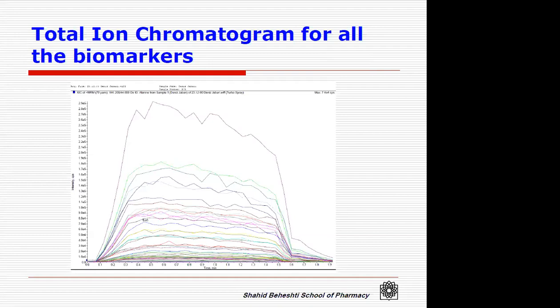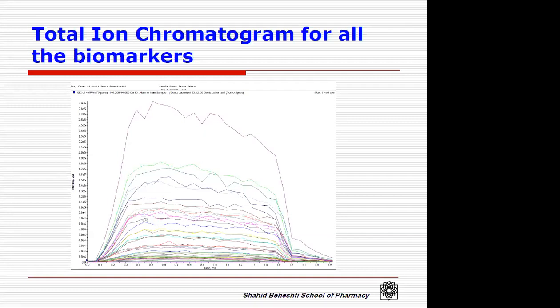For instance, one of the other biomarkers that we monitor is methionine. We have natural methionine in the dry blood spot, and we have dissolved a certain amount of labeled methionine in the methanol. Along with our natural methionine, we will have two signals, one for natural methionine and the other for labeled methionine.